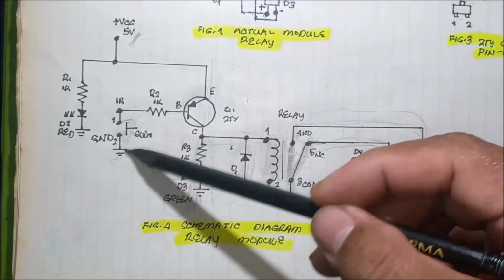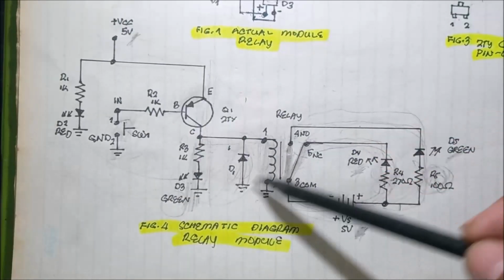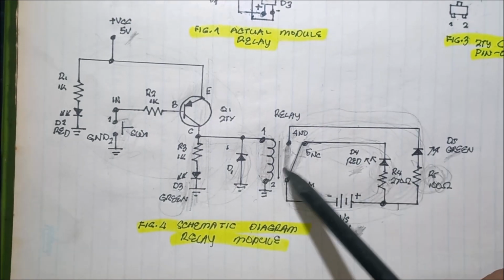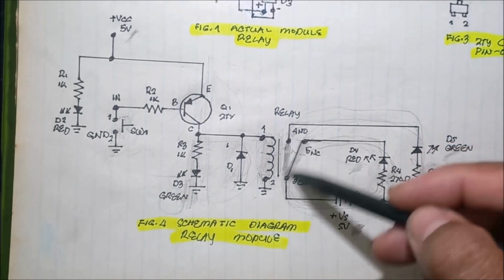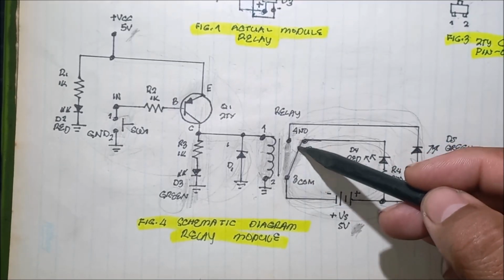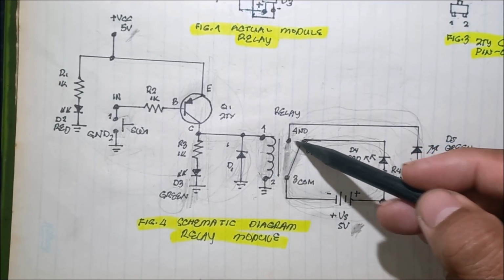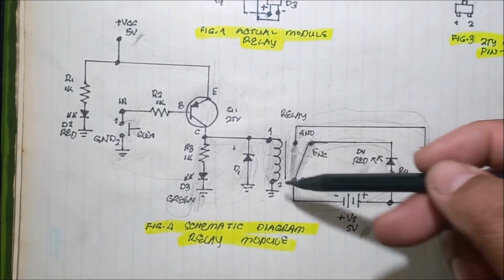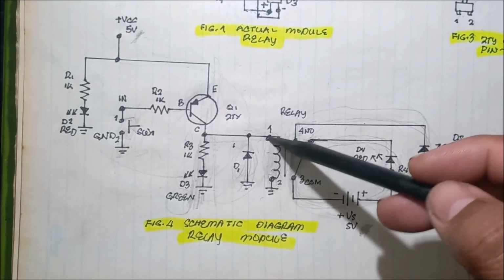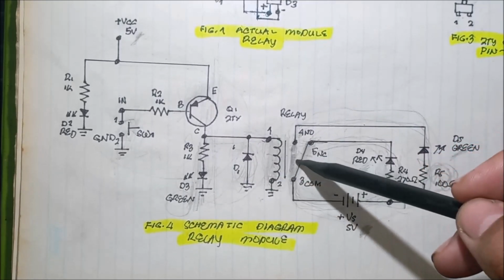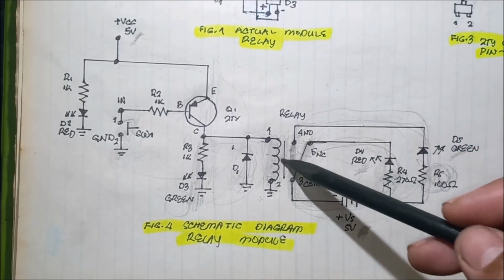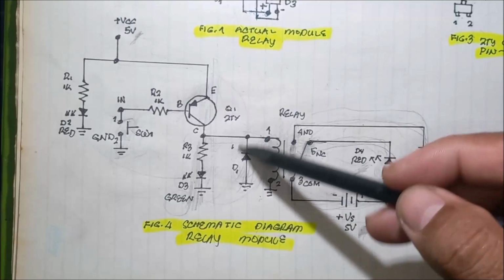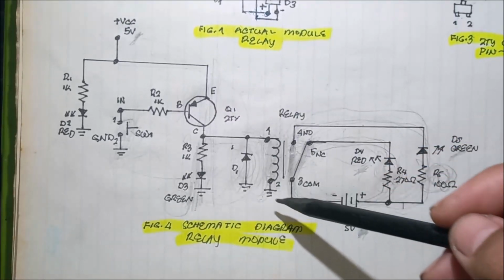Due to the low level triggering of the transistor, the relay activates, and a clicking sound is produced by the movement of the contact from 4 to 5, 4 to 5, just like a wiper. And to combat the back EMF produced by the collapsing of the magnetic field of this coil, we have this clamp diode.